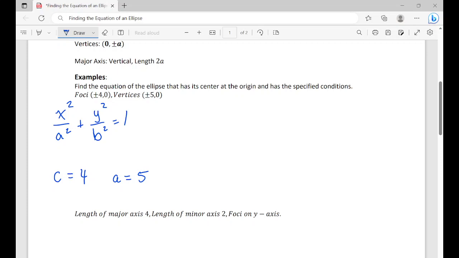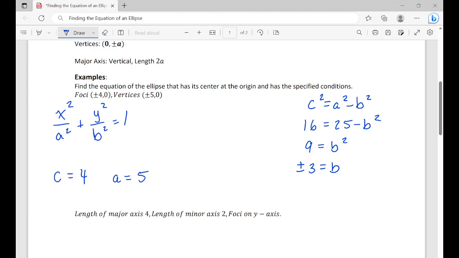Now all we need to really find is b, and it's very simple. We just use the equation for c squared up front, which was c squared equals a squared minus b squared. So we're going to get 16 equals 25 minus b squared. So going to combine like terms, move them across, so I'm going to end up with 9 equals b squared, and then just square root both sides, and I'm going to get plus or minus 3 equals b.